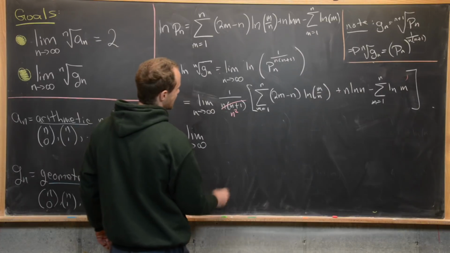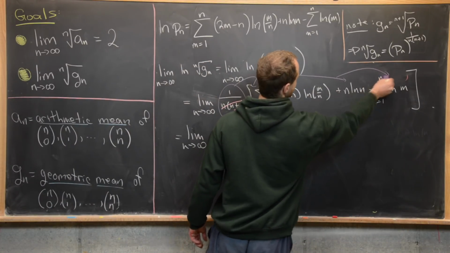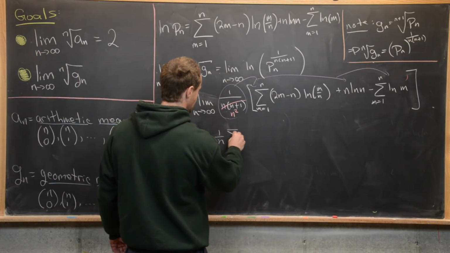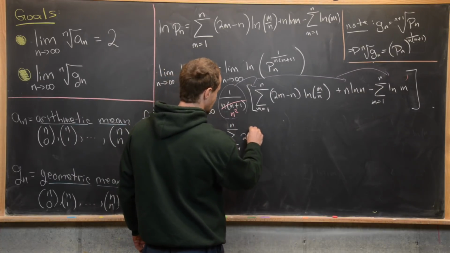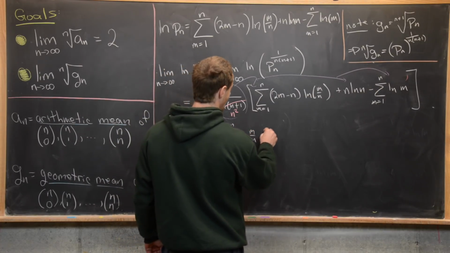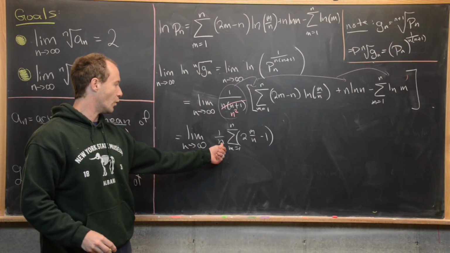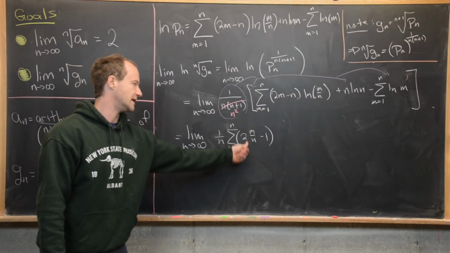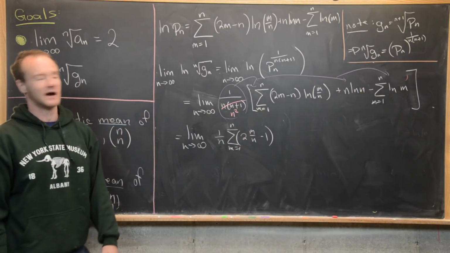Now what I want to do is take this 1 over n squared and distribute it through to all of these parts. So let's see what I get. I'm going to have 1 over n, and then this sum, m equals 1 to n, of 2 times m over n minus 1. So that's what I get from taking one of the 1 over n's and putting it out front of the sum, and the other 1 over n and bringing it inside the sum and distributing. So that gives me 2m over n minus 1.